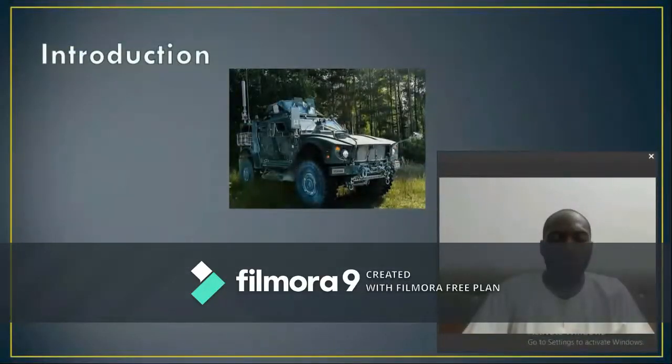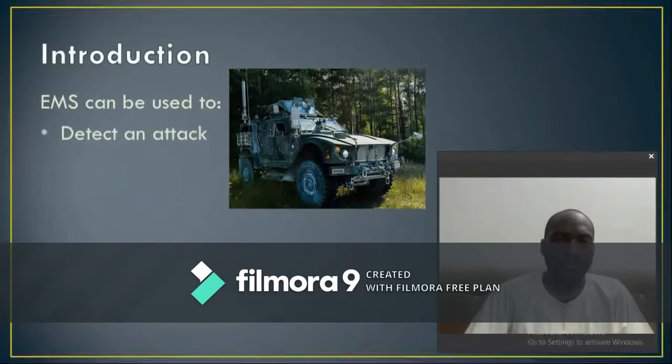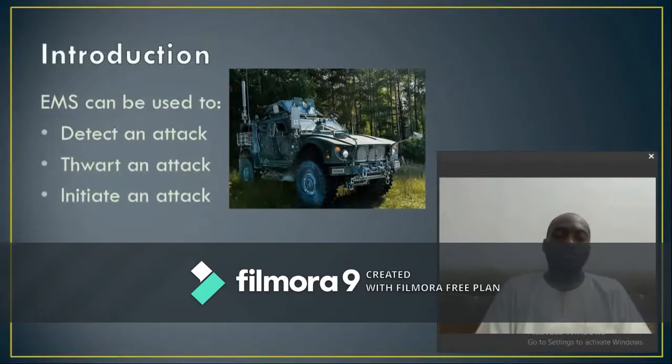So the electromagnetic spectrum can be used to protect a nation and its infrastructure from an attack by an adversary by way of detection of the attack, thwarting the attack, or going on the offensive. The reverse is also the case. The adversary can use the electromagnetic spectrum against the nation.